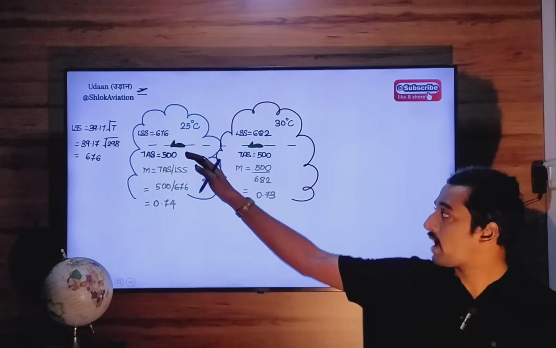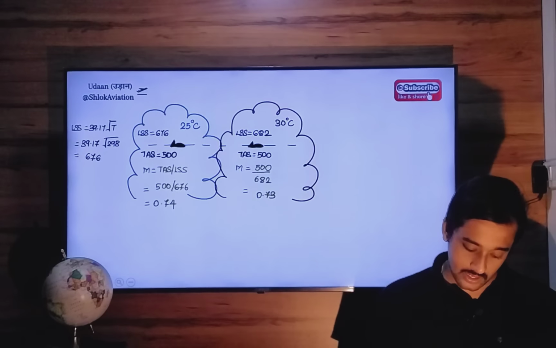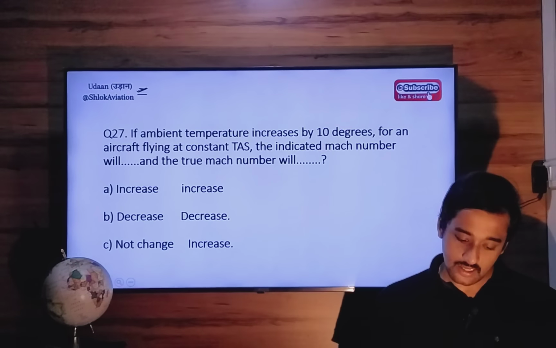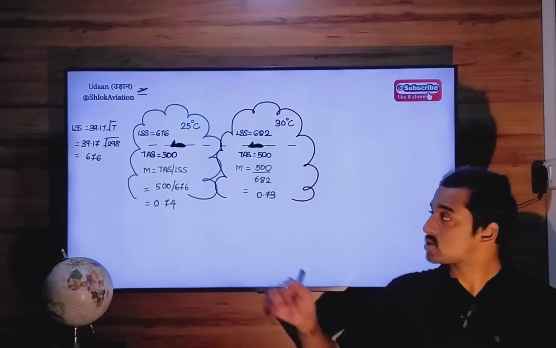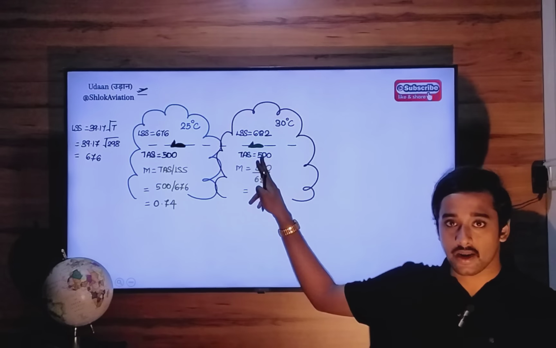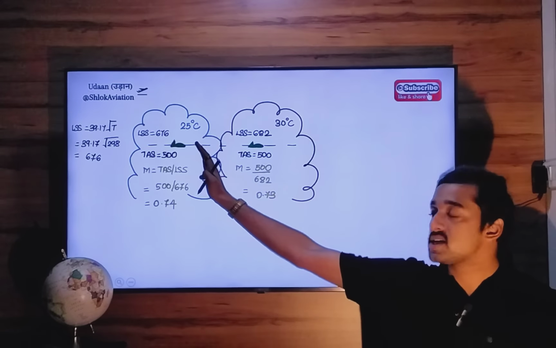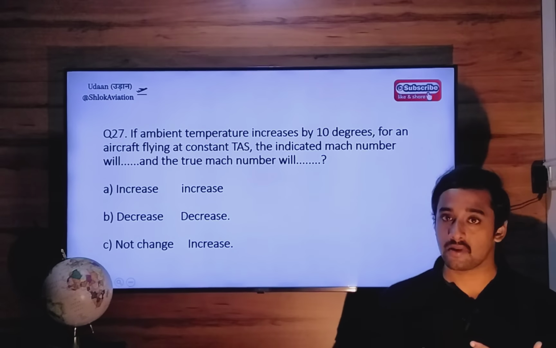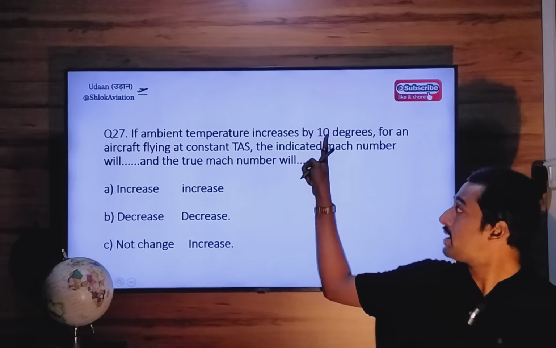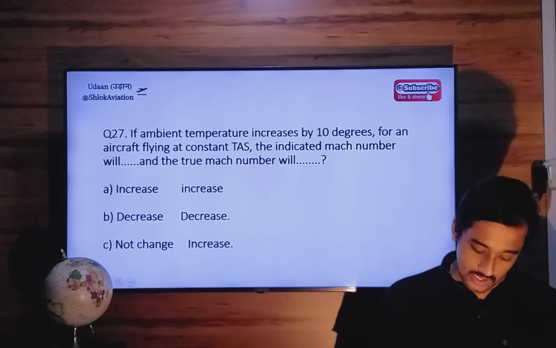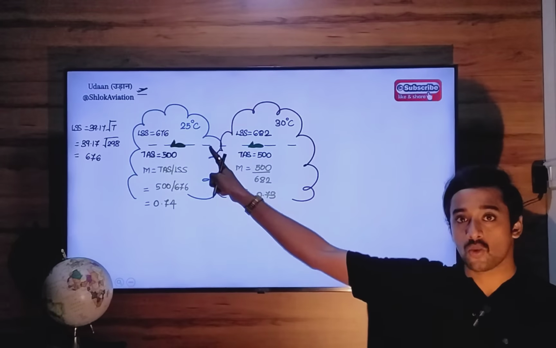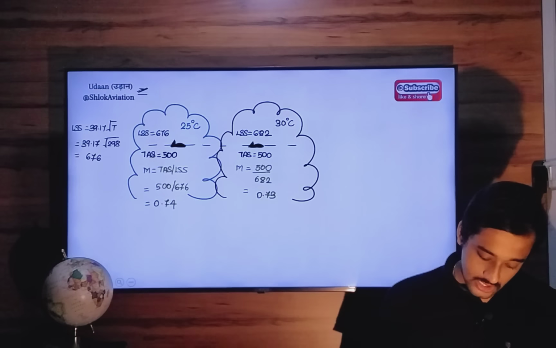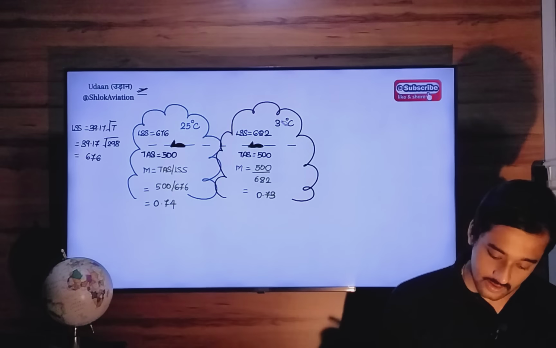Your aircraft is flying at the same altitude, as given in the question, and same TAS 500, but it enters an air mass warmer by 10 degrees Celsius. Here I have taken an air mass warmer by 5 degrees Celsius, so let's make it 35.